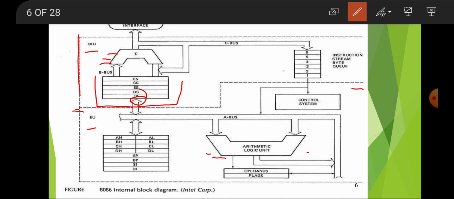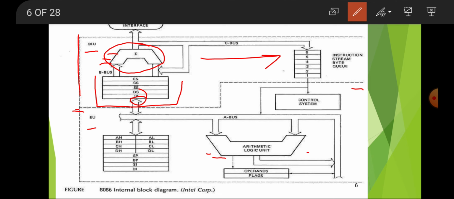Now what exactly happens? Some calculation is needed. Suppose an instruction is going to be fetched towards the execution unit. It sends the address, so how does it calculate the address of that instruction?